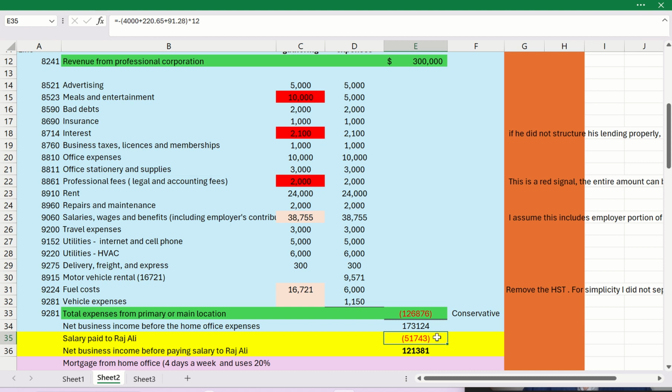And the salary here is that he paid himself $48,000 plus the CPP-EI for the employer portion of the contribution, times the 12.